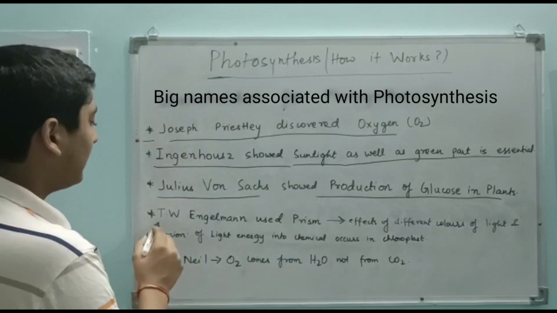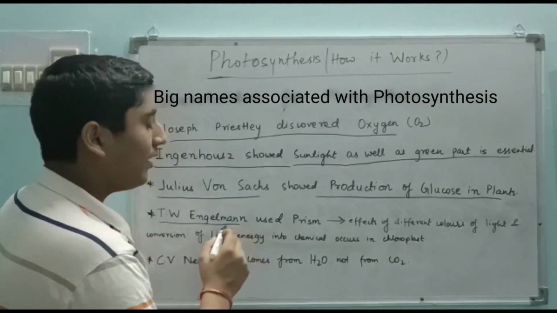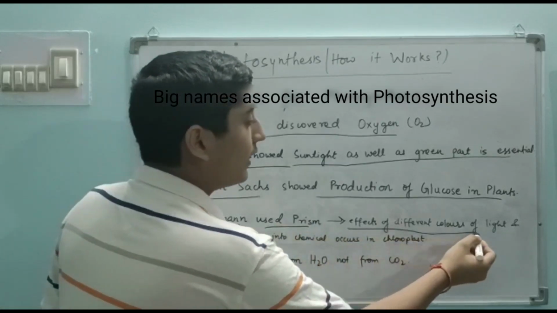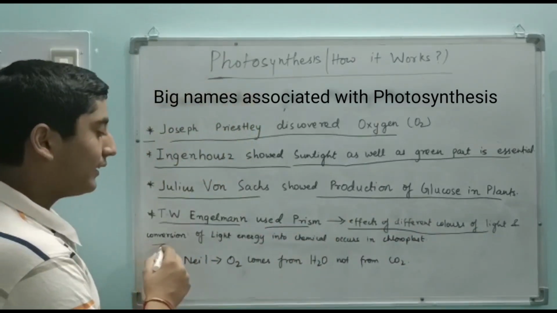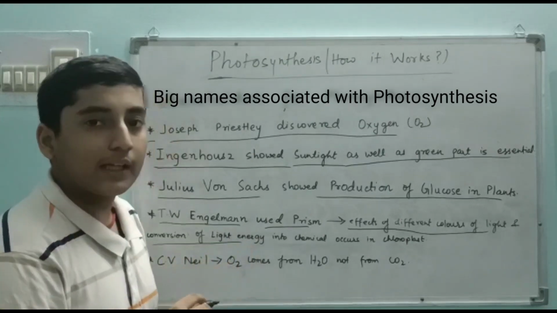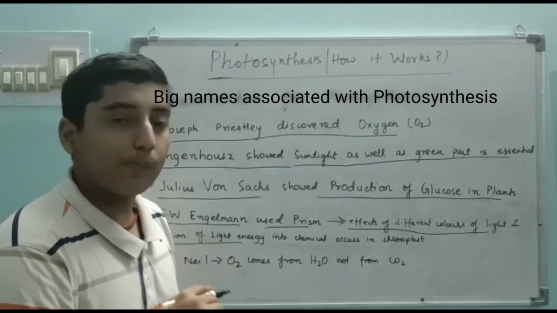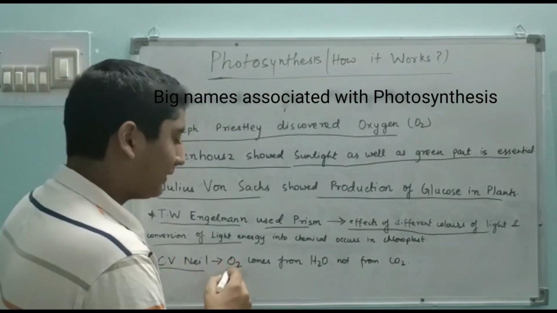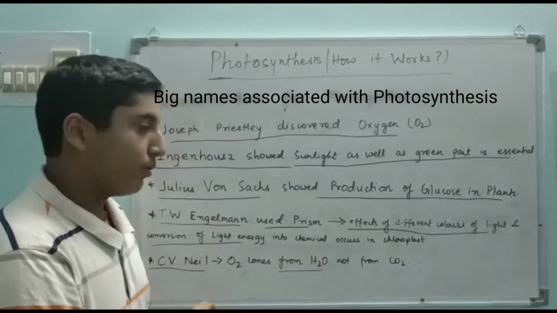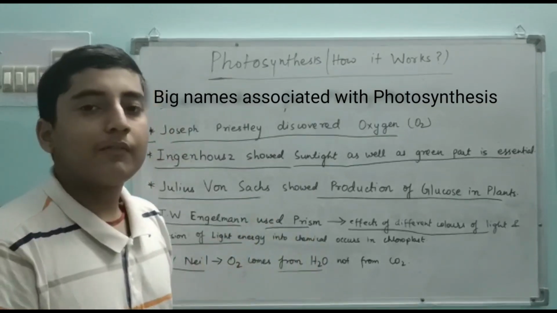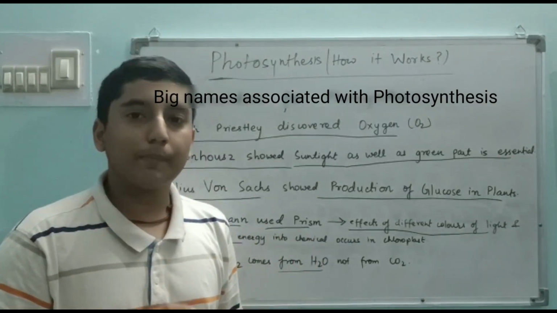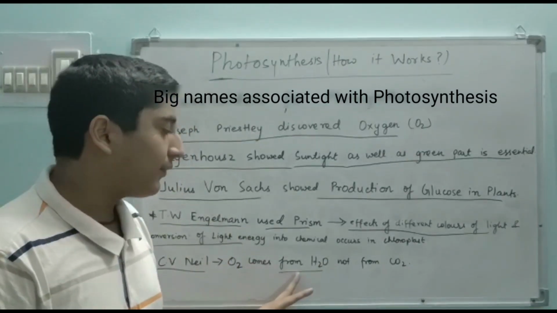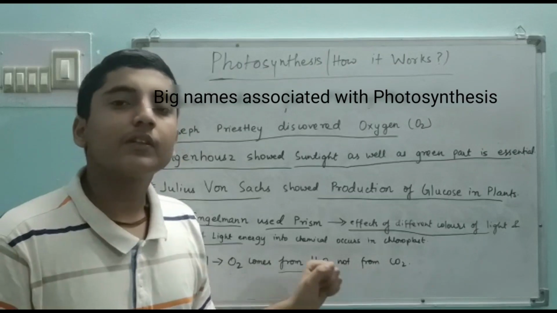Fourth, T.W. Engelmann used a prism and showed the effects of different colors of light and the conversion of light energy into chemical energy which occurs in the chloroplast. And C.B. Van Niel showed that oxygen comes from H2O, not from CO2. When the water molecule gets split by the sunlight, the oxygen comes from H2O, not from CO2.